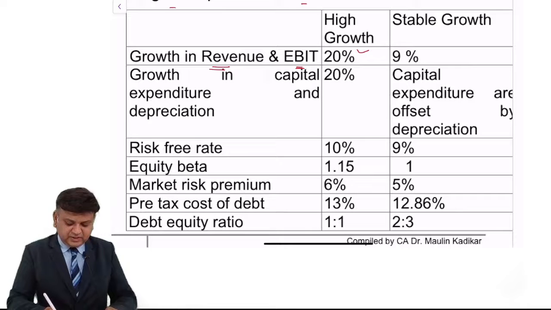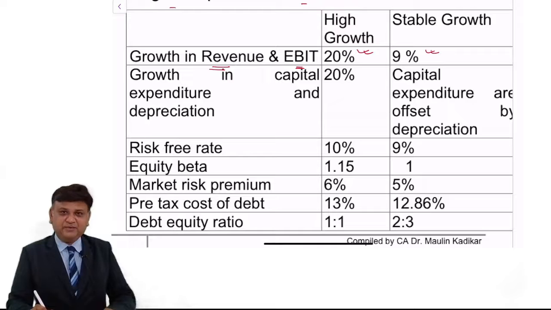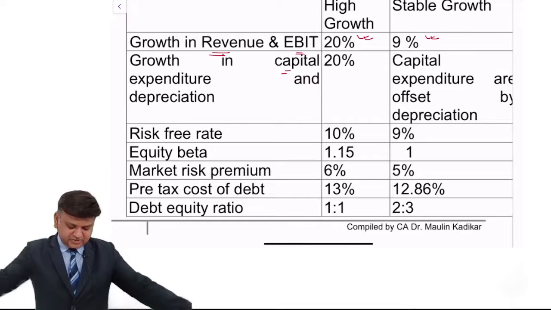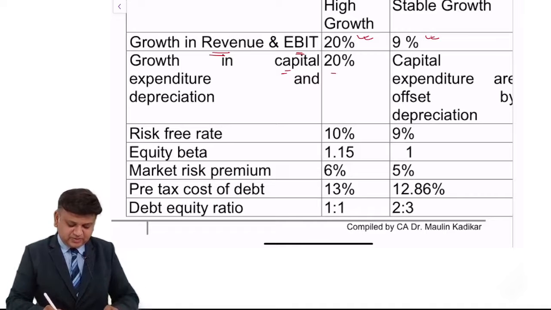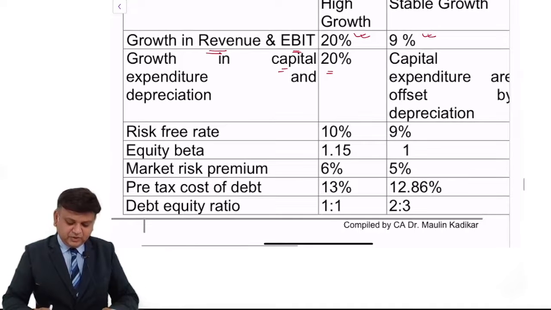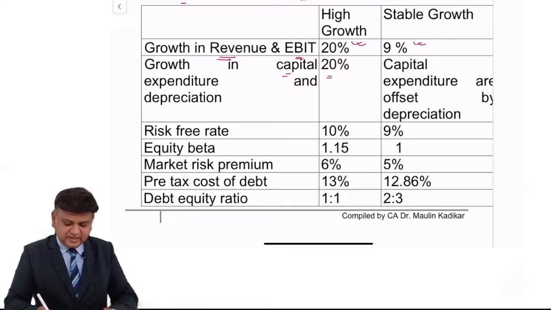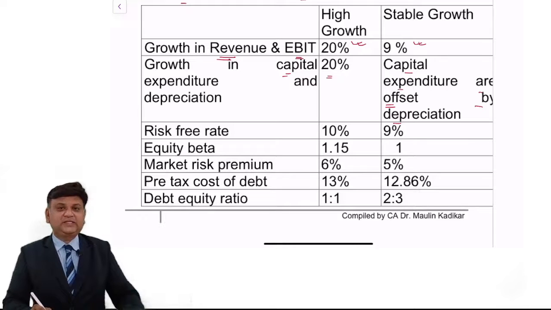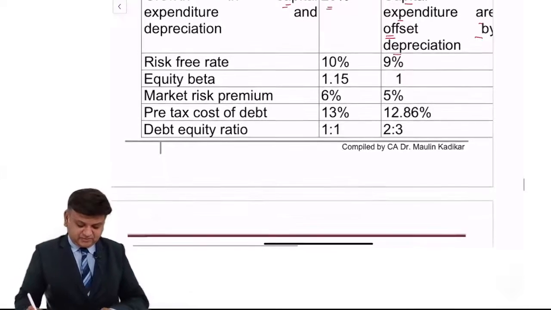During high growth period it will be 20%, and later on it will be 9%. Growth in the capital expenditure and depreciation is 20%. During stable growth period, capital expenditure is offset by depreciation. It means that whatever is the amount of depreciation itself is the amount of the capital expenditure.